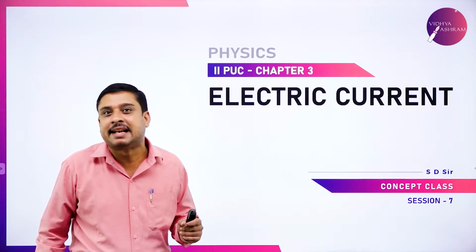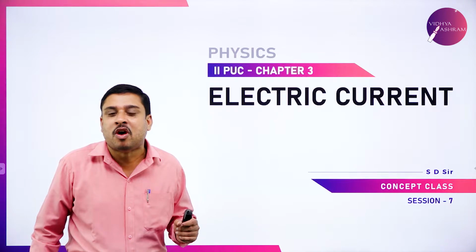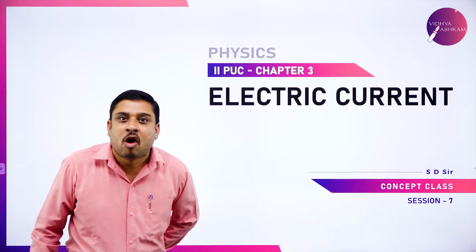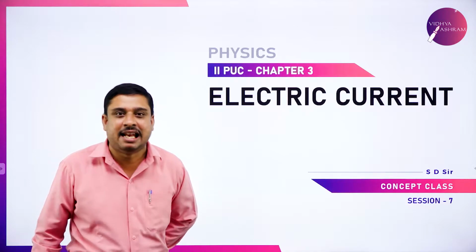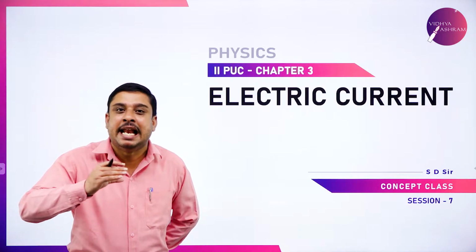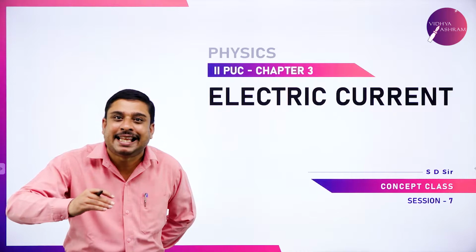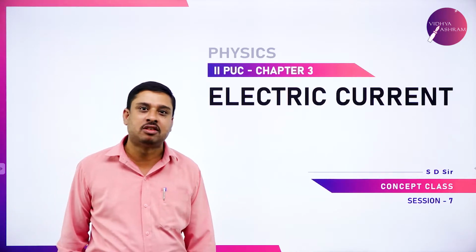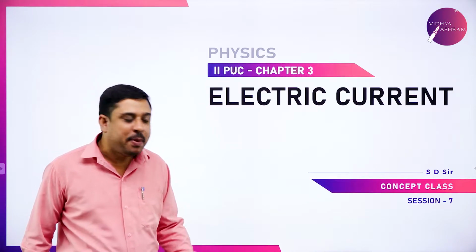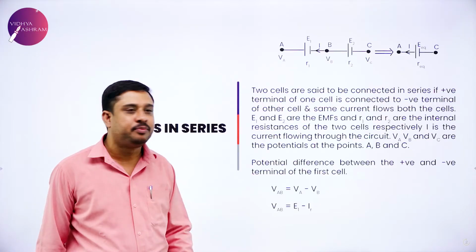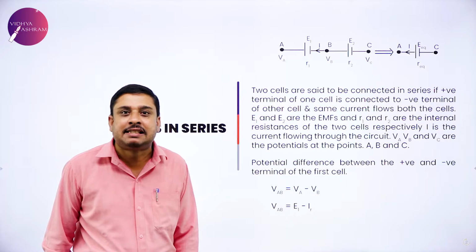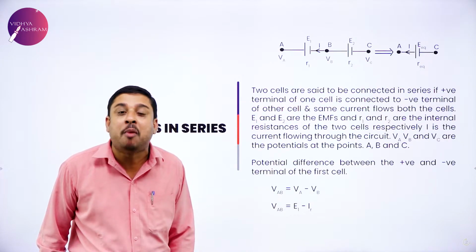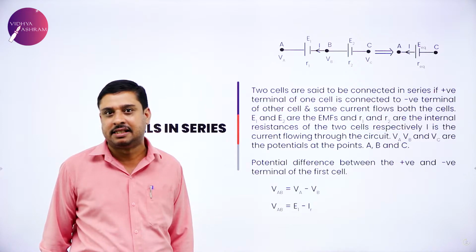And internal resistance was the effective opposition offered by a cell, that is, the electrodes together with the electrolytes, to the flow of ions.